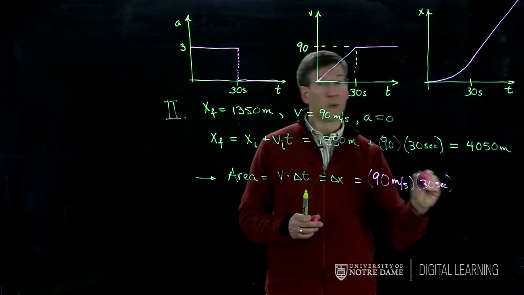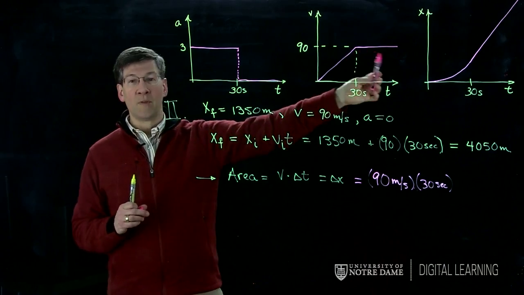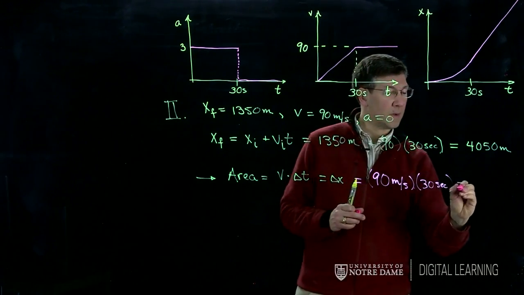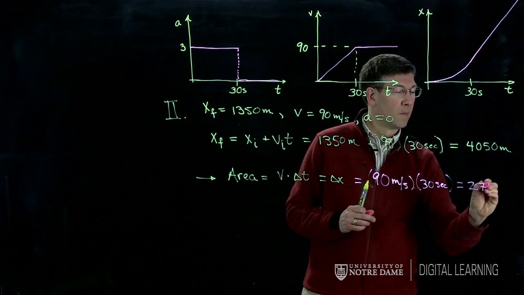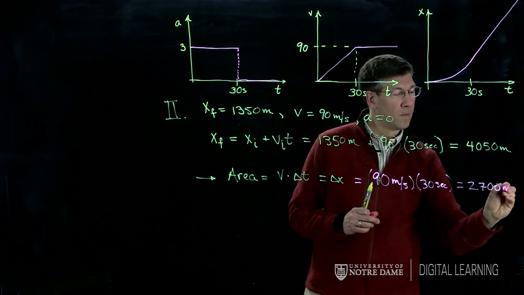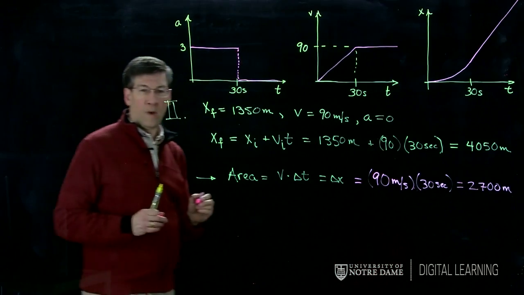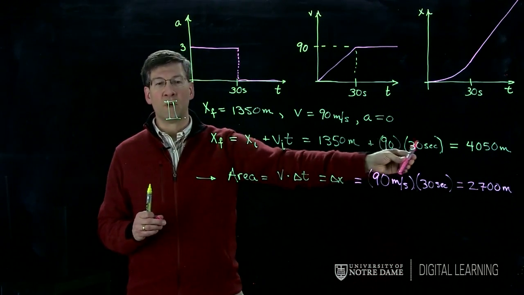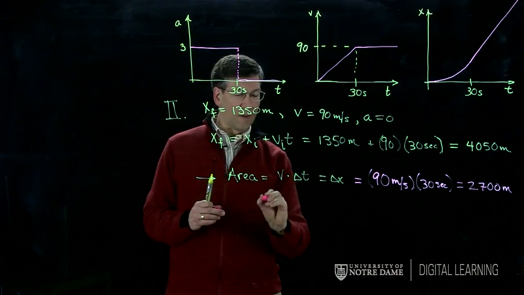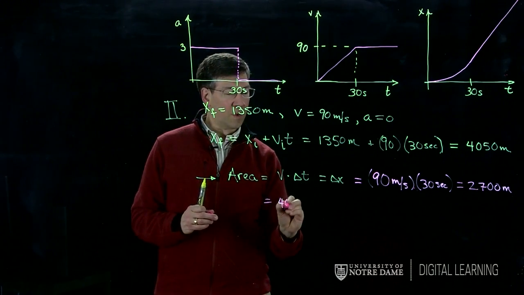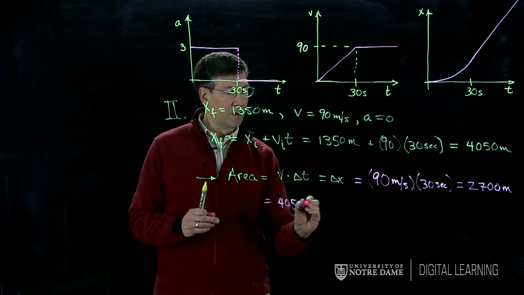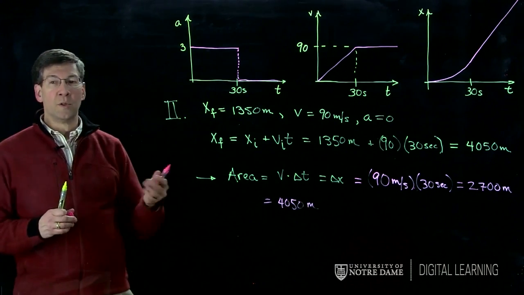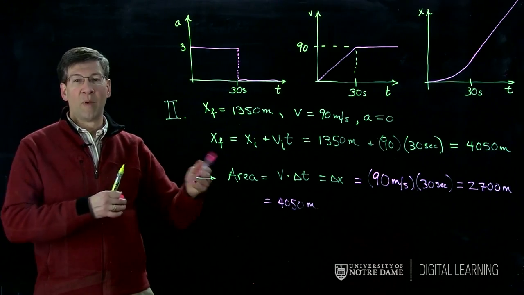And so the distance that I've traveled during the time when the velocity is constant here in this rectangle is 2,700 meters. And so if I add that to 1,350, I'm going to get exactly the same answer that I had before, which is 4,050 meters. So that is the total distance that the motorcycle travels during the sum of the two epochs of its motion.